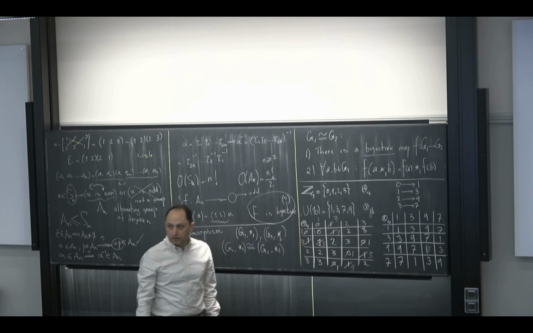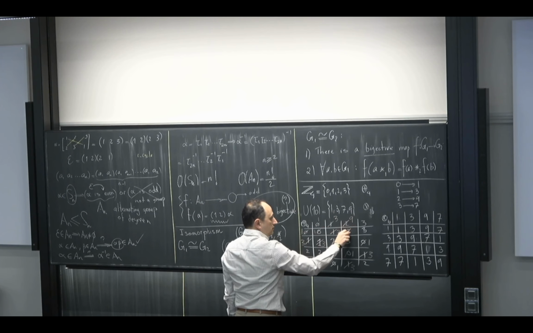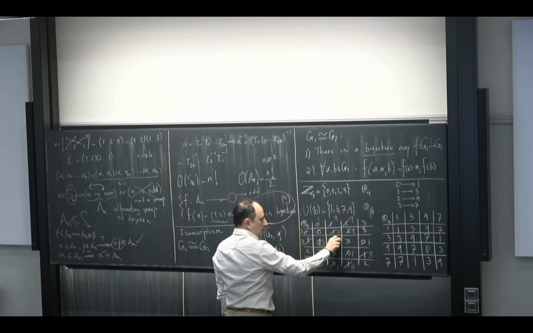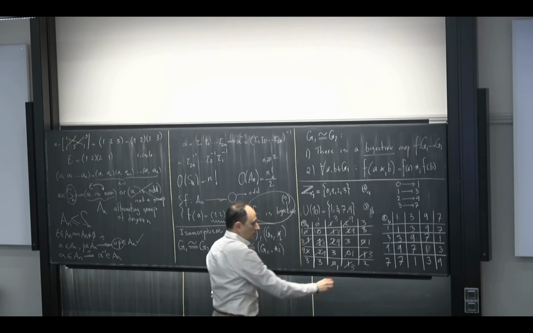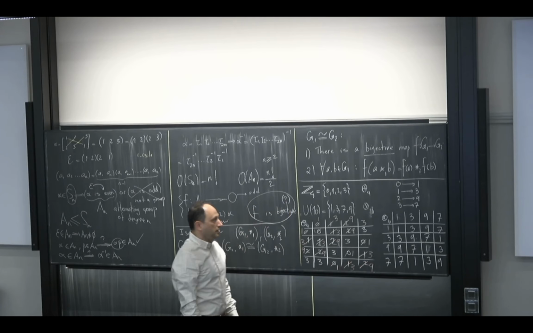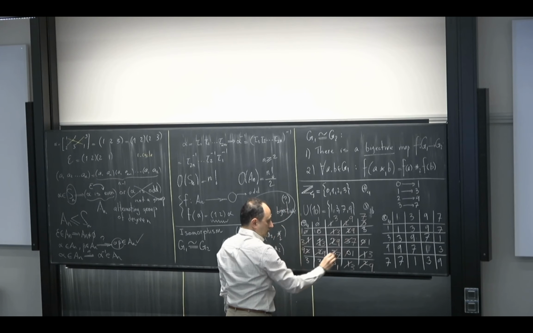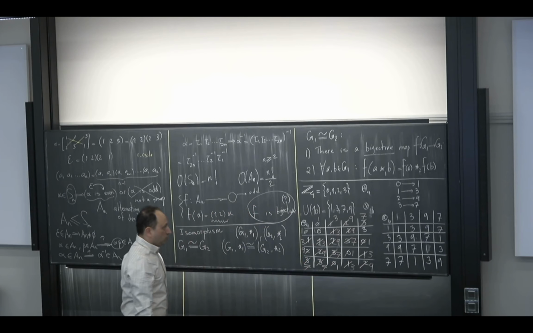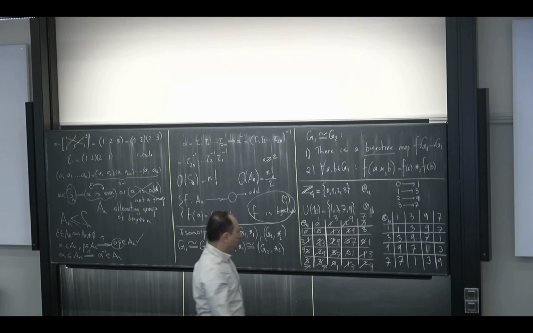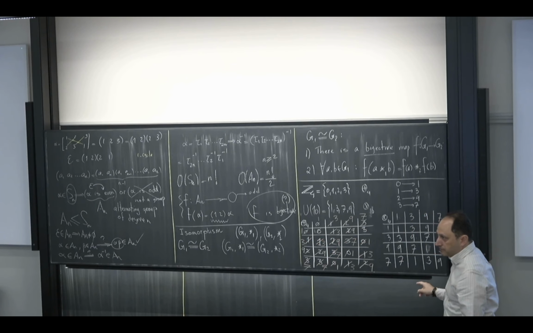Everywhere I see 2, I put 9. And finally, everywhere I see 3, I put 7. So if I haven't done something wrong, these new colors are exactly these numbers.